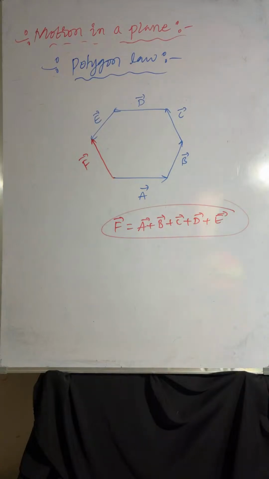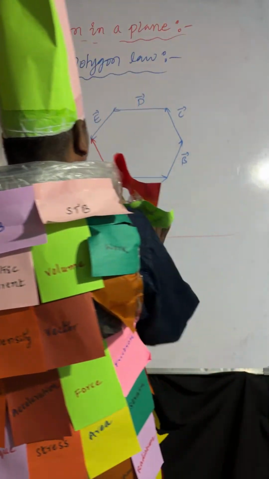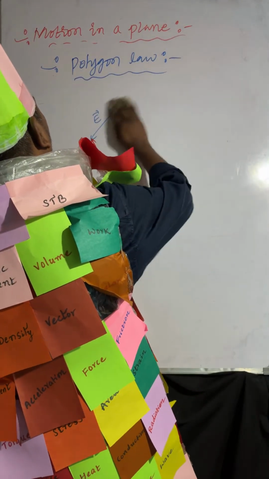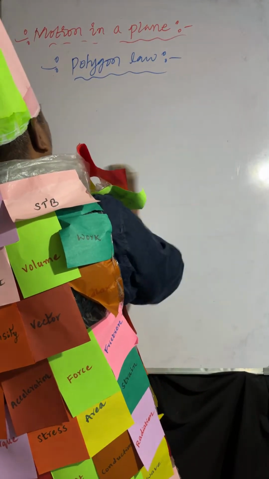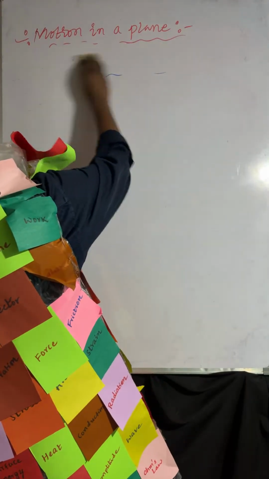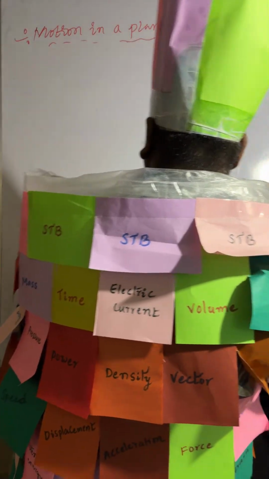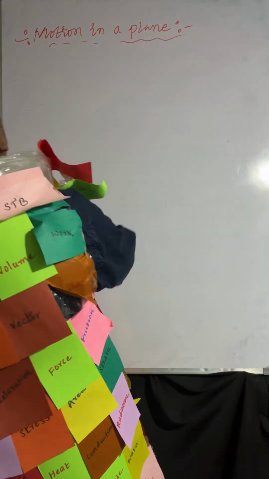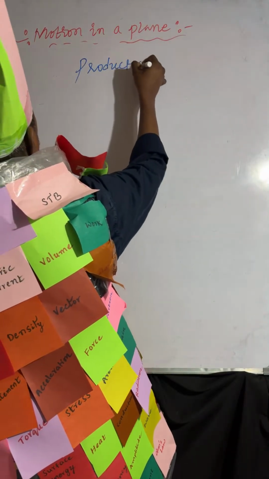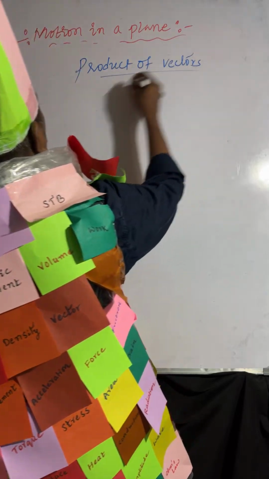So next, we'll discuss one more topic: multiplication of vectors, or simply the product of vectors. There are two types of product of vectors.